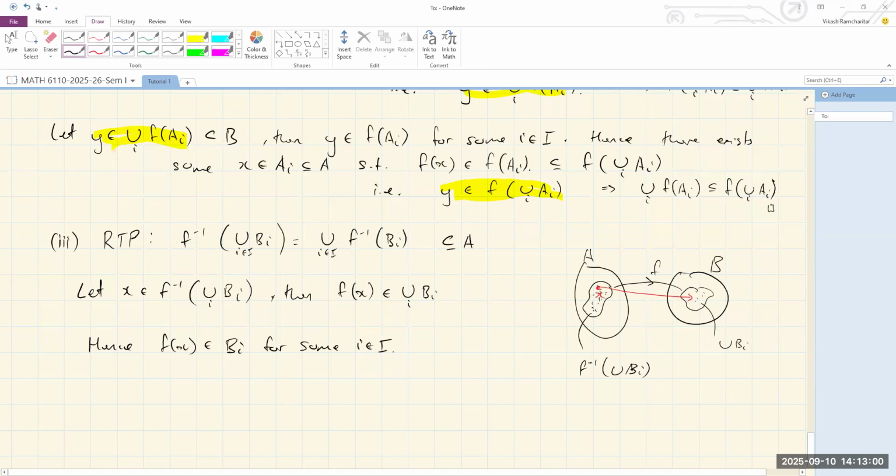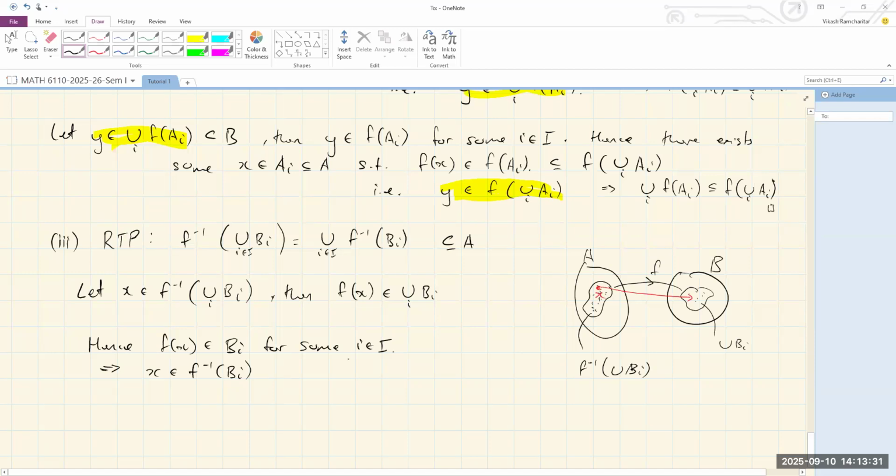So if f of x belongs to B_i, this implies that x belongs to the pre-image of the set B_i. Because if f of x belongs to B_i, then if I look at everything that maps onto B_i, x will be in there. That's what the pre-image of B_i is, everything that maps onto it.